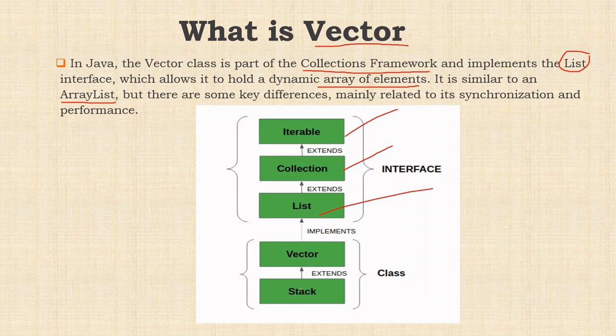Stack is a class, and it is also a type of data structure to store objects. We are going to concentrate on vector. So this is the hierarchy of vector in the collections framework.